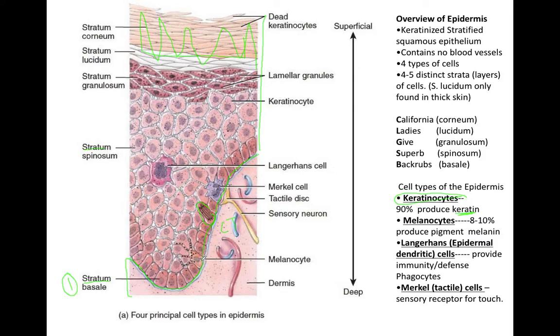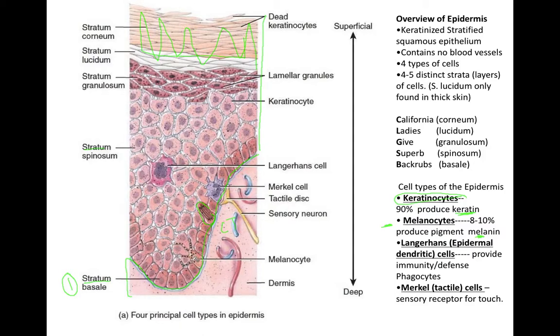But we also have another cell down here, a melanocyte. Melanocytes make a pigment called melanin. So this is going to give our skin its color. Now, it doesn't matter if you're of Irish descent or African American descent, you still have essentially the same amount of melanocytes.